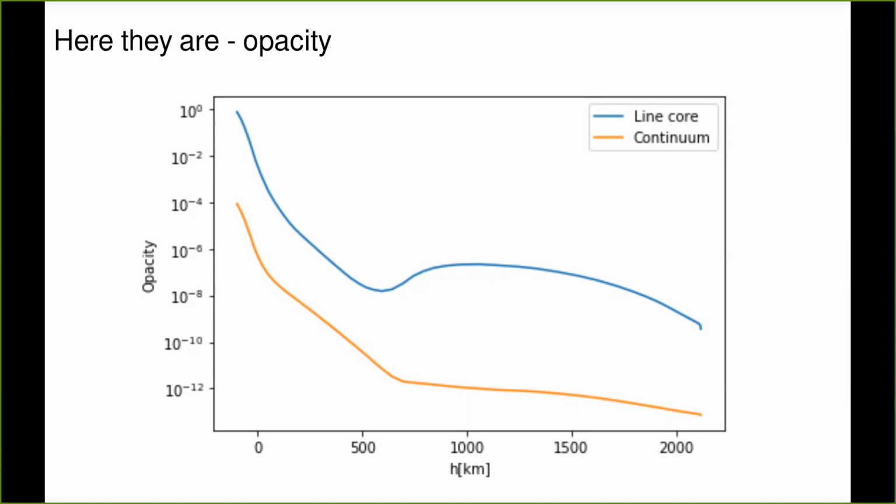Even in the continuum, which is 4 orders of magnitude less opaque, the opacity is 10 to the -4 per centimeter, which means that something that we call the mean free path, which is 1 over opacity, should be 10 to the 4 centimeters, which is 100 meters. 100 meters is still nothing.